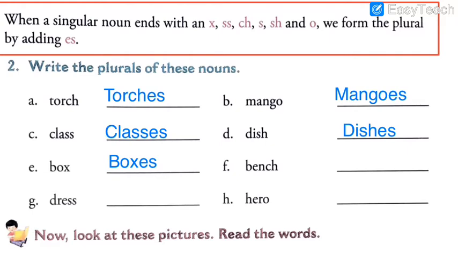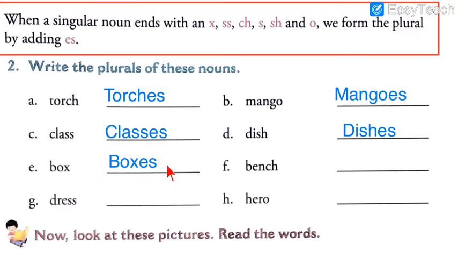So students, it's time for you to repeat after me 2 times, because I leave the last 3 answers to you. Put your pencil down, fold your hands, sit straight and repeat after me. Torch, torches. Mango, mangoes. Class, classes. Dish, dishes.